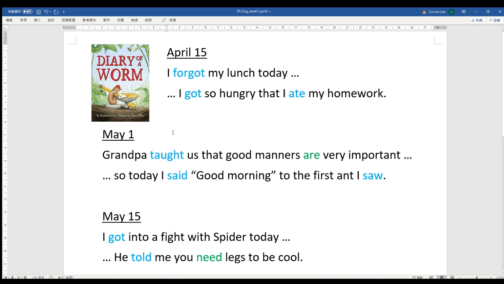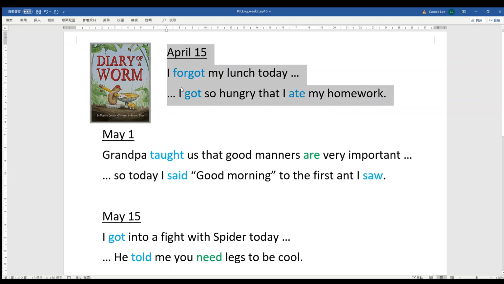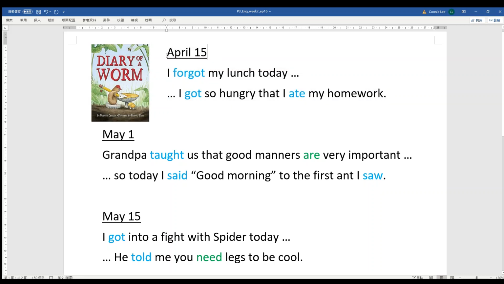So we can see that in diary entries, usually we use past tense, like I forgot my lunch, I got so hungry, and I ate my homework, because by the time the worm wrote his diary, the activities and the events were already in the past.